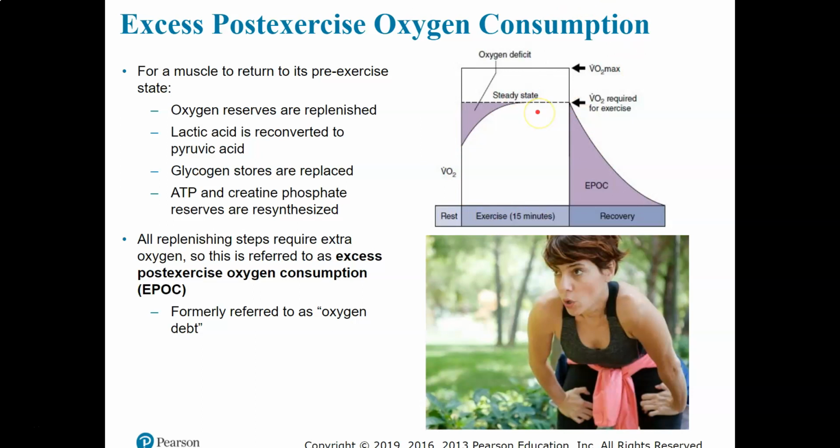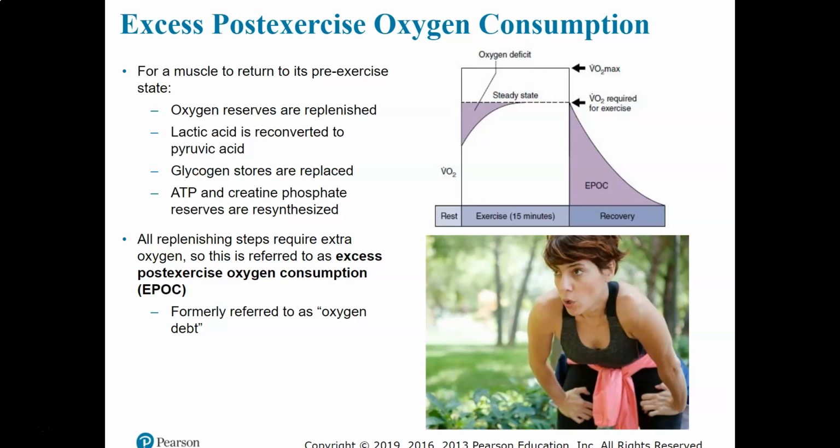So essentially what happens is as we start to exercise, we end up using our maximum amount of oxygen that we can get into our body, but then we end up with some processes that get left over that we need to do after we exercise that continue to use up oxygen.